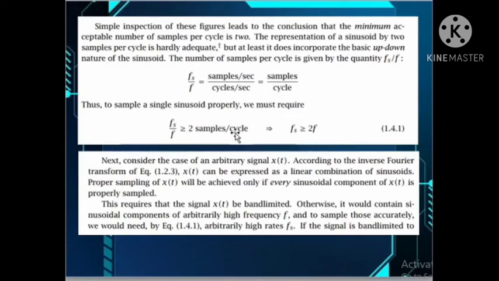So the minimum is 2 samples per cycle, which gives the simplified equation fs greater than or equal to 2f.